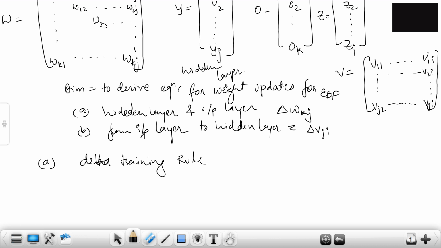The squared error is given by E equals half of (dk minus Ok) squared. This is equation 1.